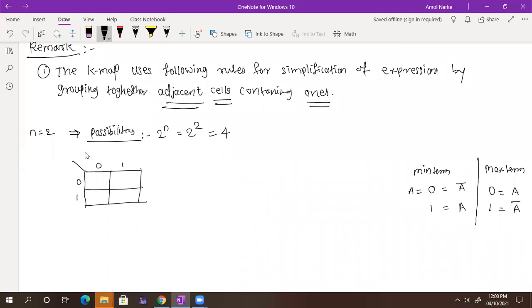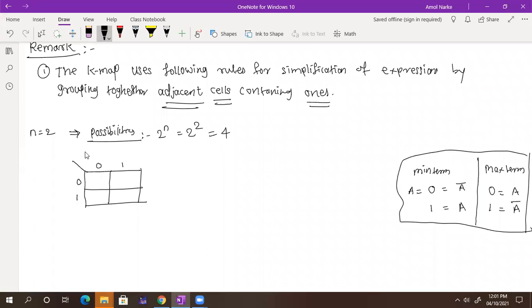Yes or no? That we have done already. So for this table, this Karnaugh map for min terms, this is nothing but my A complement. We will discuss that later on while converting into min term and max term.